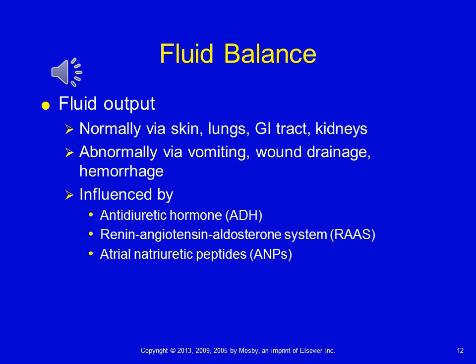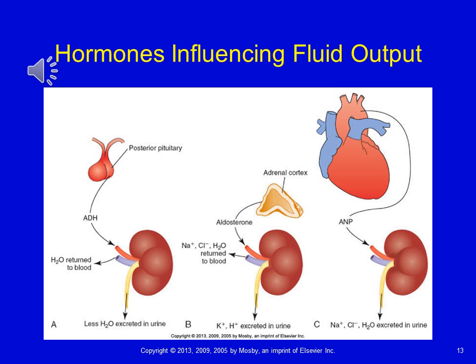ANP also regulates extracellular fluid volume by influencing how much sodium and water is excreted in urine. Major hormones that influence renal fluid excretion include antidiuretic hormone, aldosterone, and ANP.